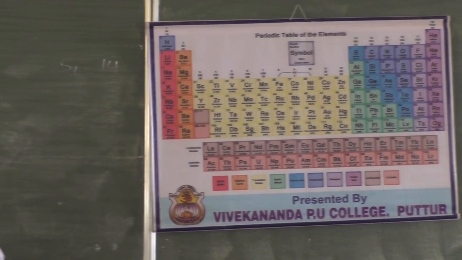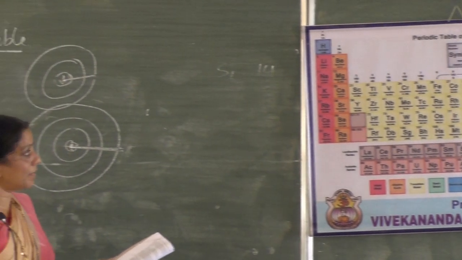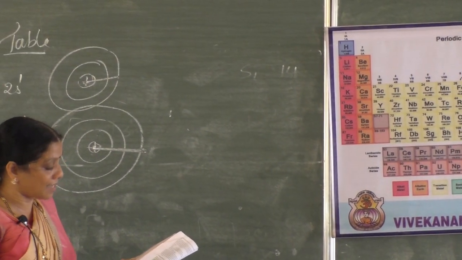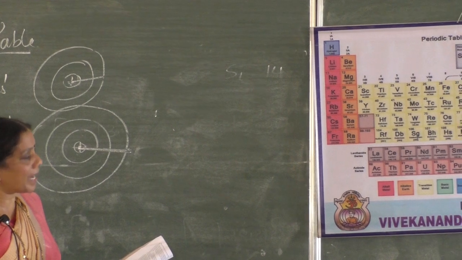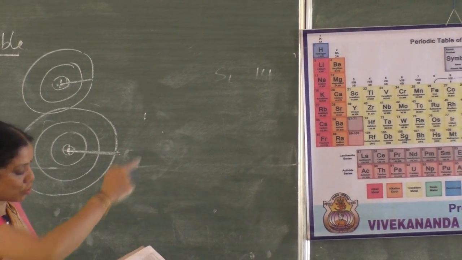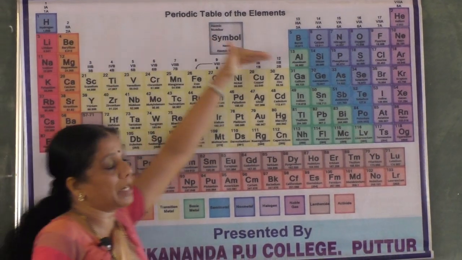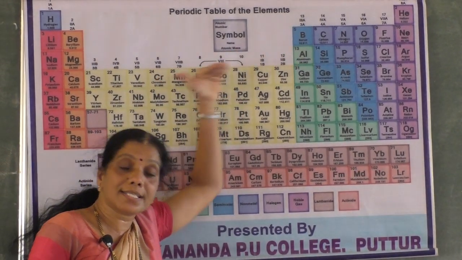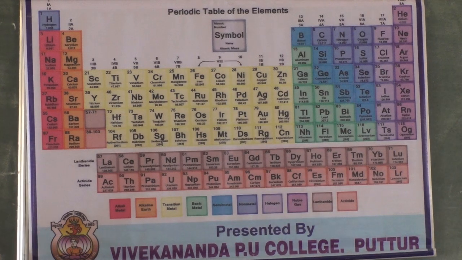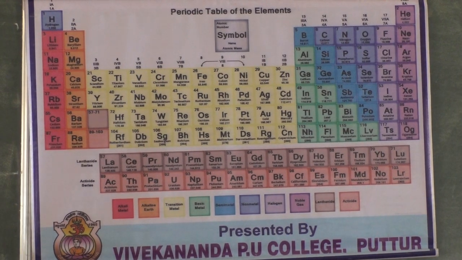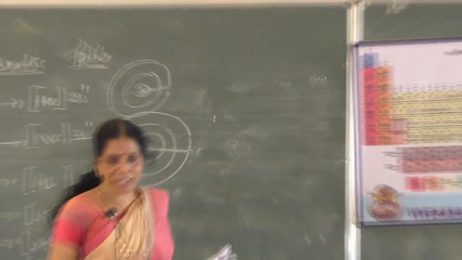The next element you have to write here is beryllium. Next to that you have to write boron. Next to that is carbon. Next to that is nitrogen. According to the order how these elements are present in the second period, we have to write those elements in the decreasing order of what? Atomic radii. Easily we can find out here.